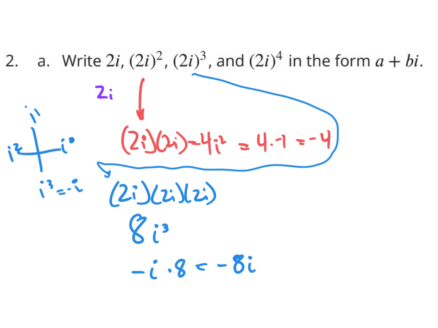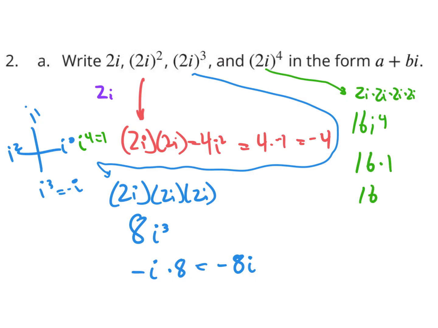And finally, 2i to the fourth is 2i times 2i times 2i times 2i, which is 16i to the fourth. And we know i to the fourth is in the same position as i to the 0, and that equals 1. So 16i to the fourth is just 16 times 1, which is 16.